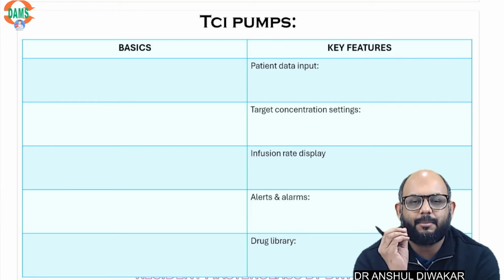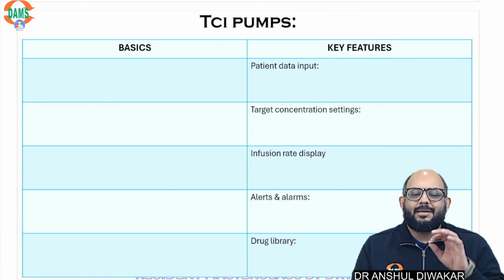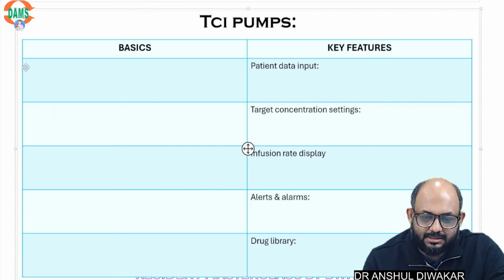Now let's talk about the basics of a TCI pump. It is a sophisticated infusion device designed to deliver anesthetic drugs at variable rates to achieve a target concentration at effect site. So what is the basic?